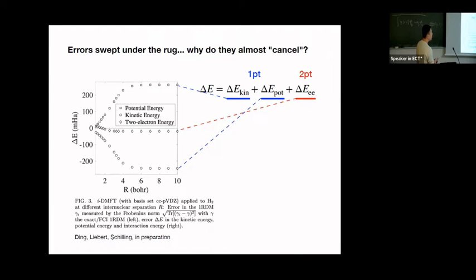But bear in mind that when these 3 terms all add up, they are within chemical accuracy. So you can see that in the dissociation limit, you are facing hundreds of millihartrees in the kinetic energy error and the potential energy error, but somehow they magically cancel each other.